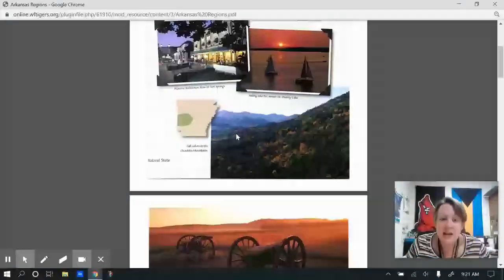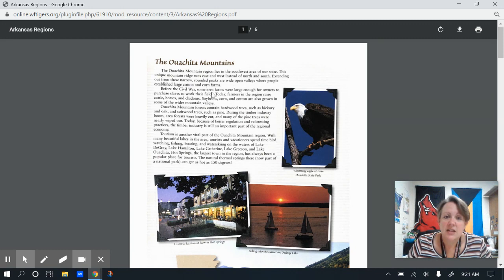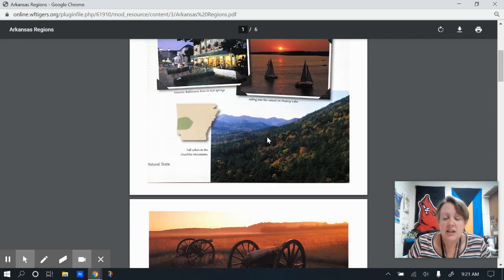If you haven't used that, you might want to check that out. Or you can get a piece of paper or your notebook and start with a title that says 6 Arkansas regions, or however you want to title it. And then you'll have 6 different sections. And again, you can do it any way you want to.